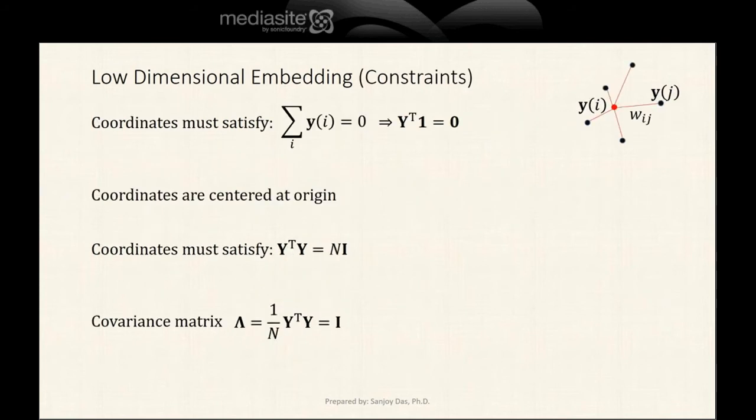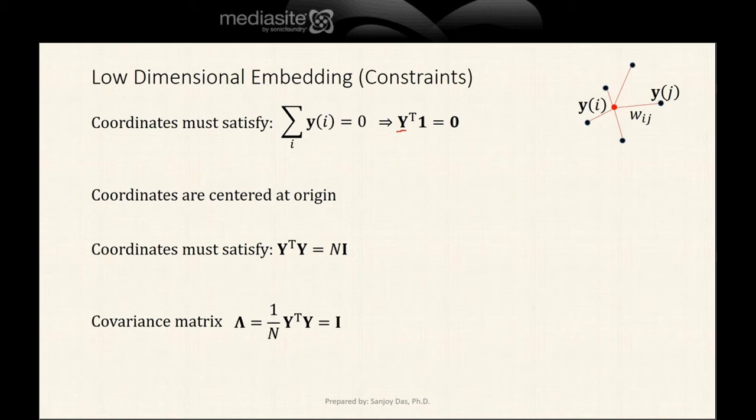Now, since we have to determine all the entries of this n by m matrix Y, we have n times m number of variables. And how many constraints do we have? We have one equation to satisfy per sample point, which is yi equal to summation of wij yj.